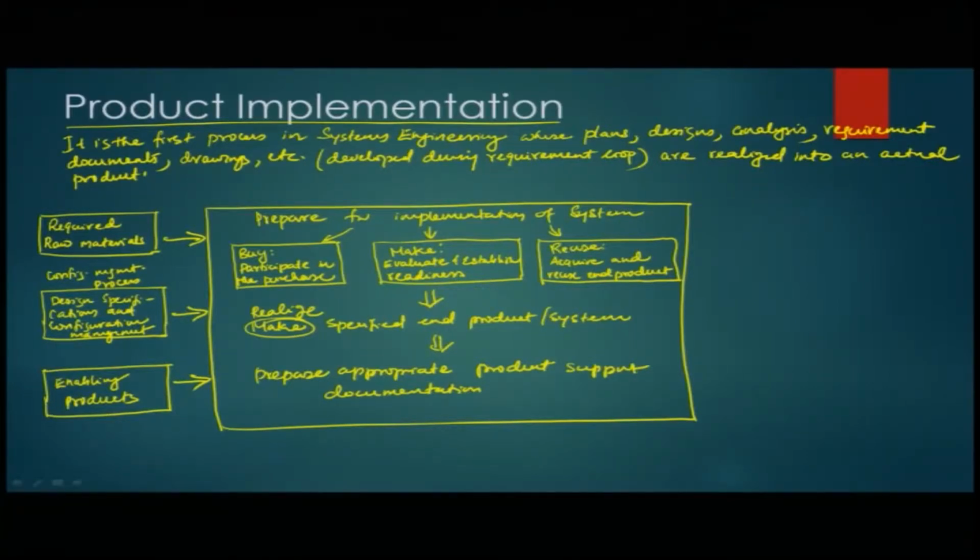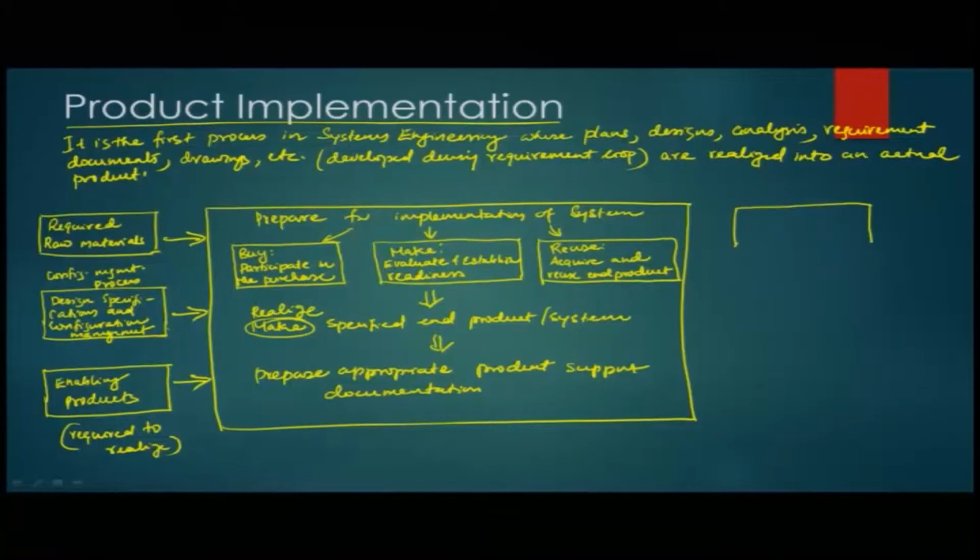Then you also require the design specifications and configuration management document, which allow you to further design what you are buying or making. Then there is something called enabling products. These are required to realize. A simple way to think about it is a drilling bit is required to drill holes into a workpiece, or coolant is required to cool the workpiece. All these are enabling products in that regard.